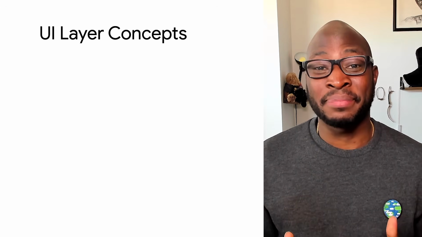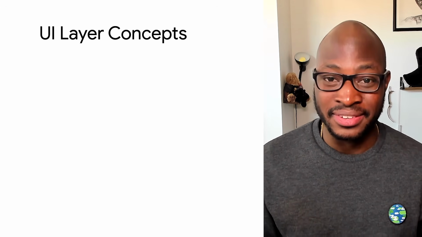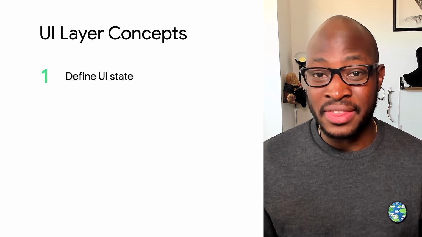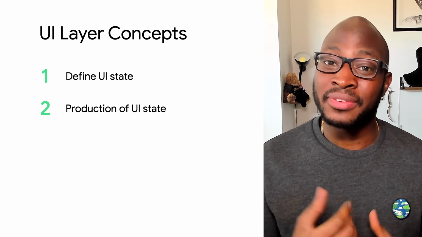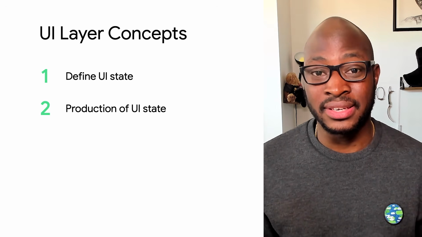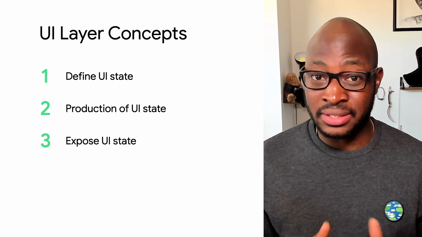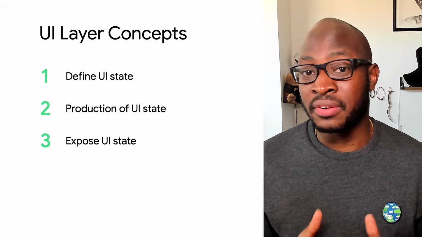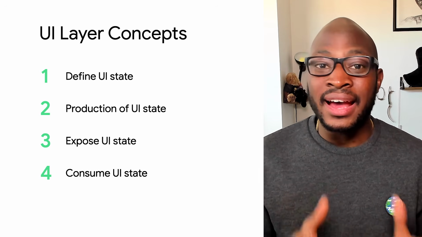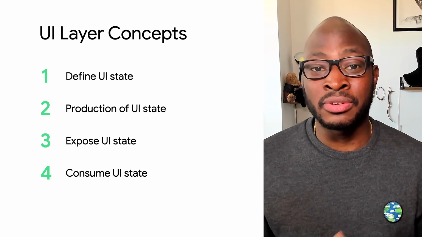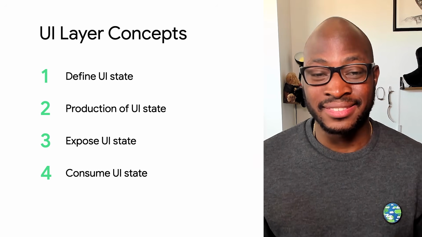To understand this pipeline, we'll cover the following concepts: how to define the UI state, how to manage the production of the UI state, how to expose the UI state with observable data types according to unidirectional data flow principles, and how to implement a UI that consumes the observable UI state.